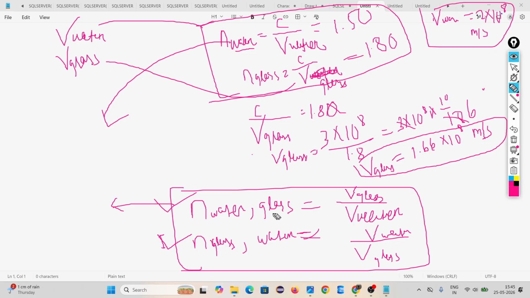The refractive index of water with respect to glass. The formula is V of glass, the speed of light in glass, upon V of water: 1.66 into 10 to the power 8 upon 2 into 10 to the power 8. Because the speed of light in glass is this much and the speed of light in water is this much, 10 to the power 8 cancels. Now the remaining is 1.66 upon 2.